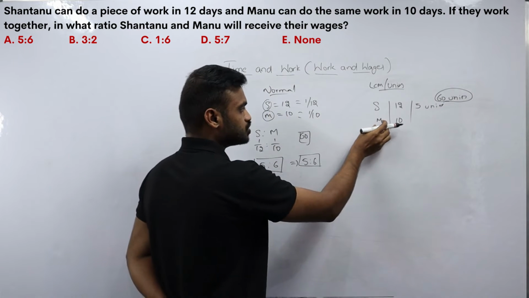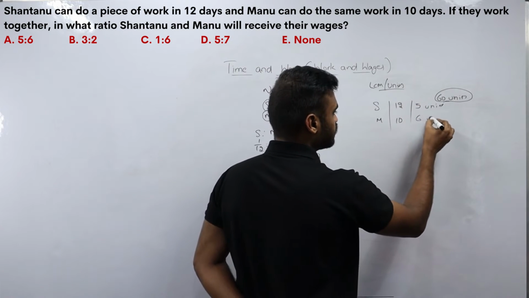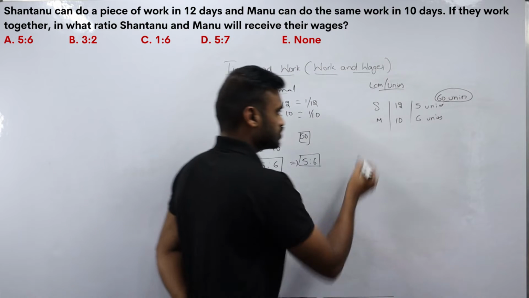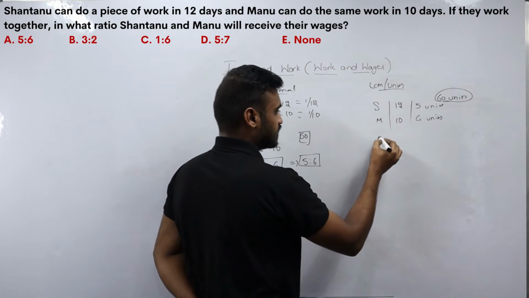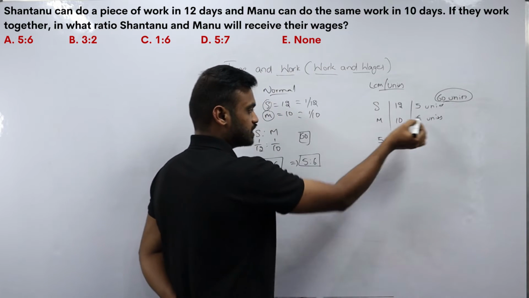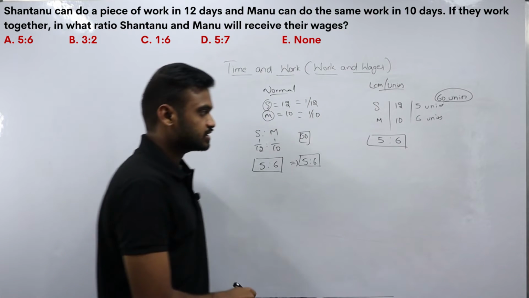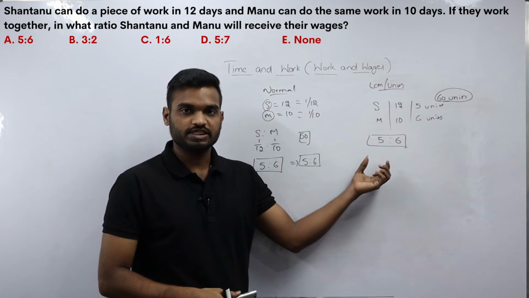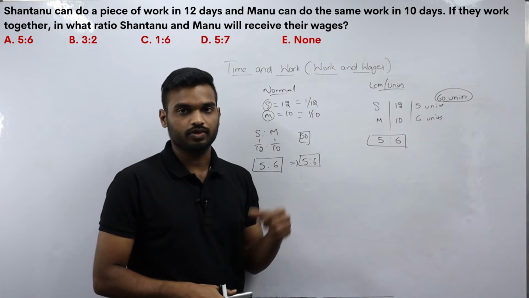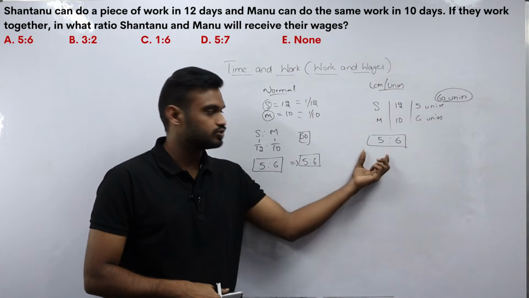Manu does 60 by 10, that is 6 units of work per day. So Shantanu's efficiency or 1 day's work is 5 units and Manu's 1 day's work or efficiency is 6 units. So their efficiency is 5 is to 6. In the same ratio, the total wages will be divided among Shantanu and Manu. The answer is 5 is to 6.